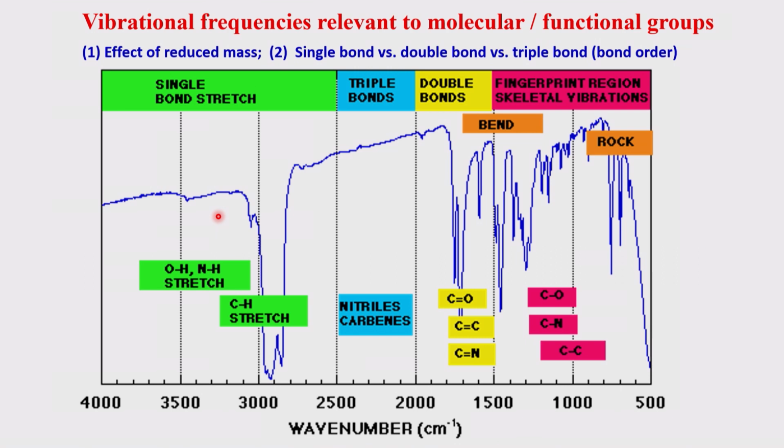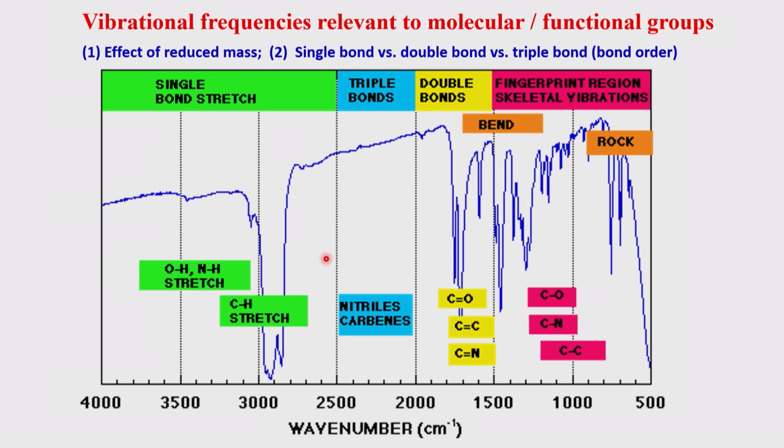Generally asymmetric stretching is higher in energy because it requires more energy, so you will have at least 100 wave numbers or more higher than the symmetric one. So both will come very close, for OH, NH and CH, somewhere between 2800 to about 3600 or 3650. All these three can be resolved depending upon the groups present.